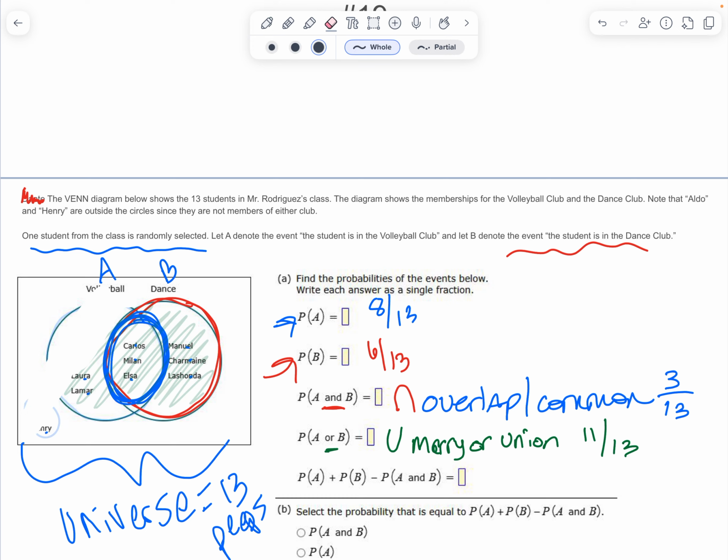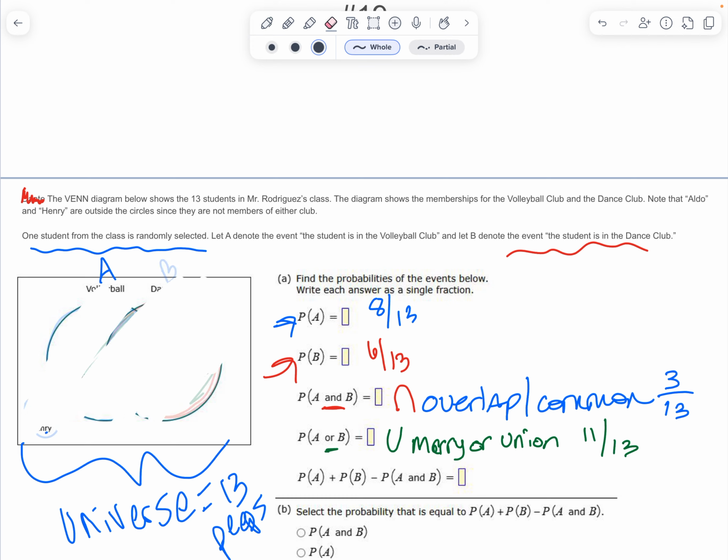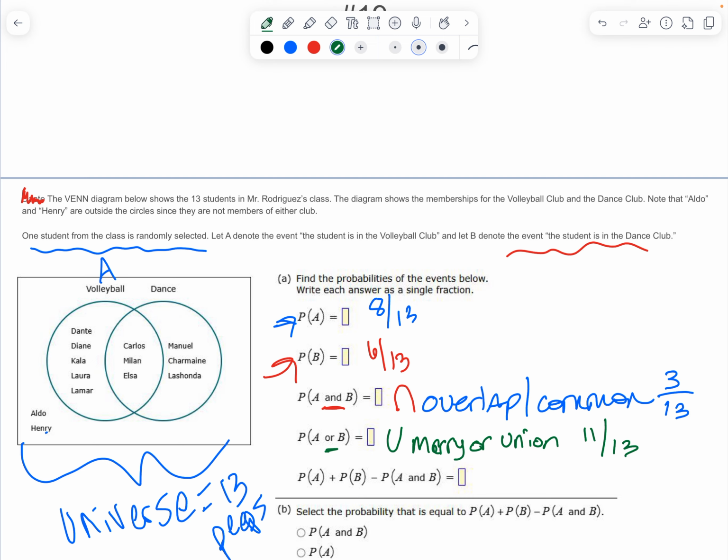Now let's see what's next for us. They want us to take the probability of A, which we know is 8/13, add it to the probability of B, which was 6/13, and then subtract out the probability of A and B, which we know is 3/13.